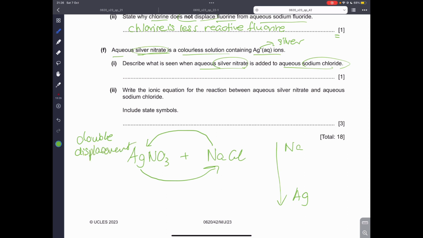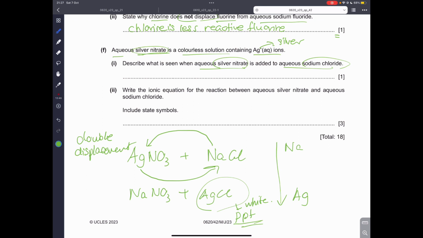So basically it's going to form NaNO3, sodium nitrate, and silver chloride. Now remember, silver chloride is going to be seen as a precipitate, a white precipitate, and you have to know your colors as well.